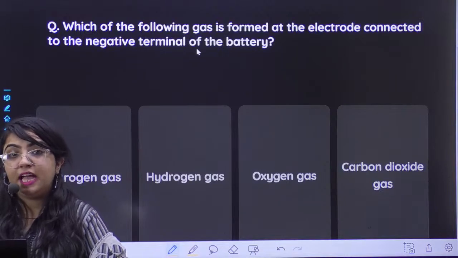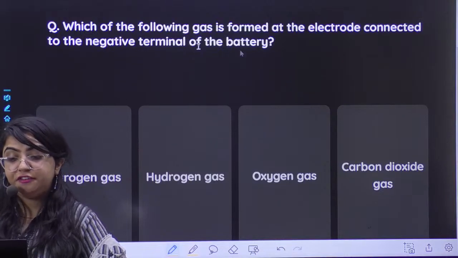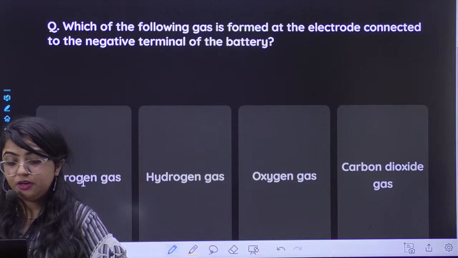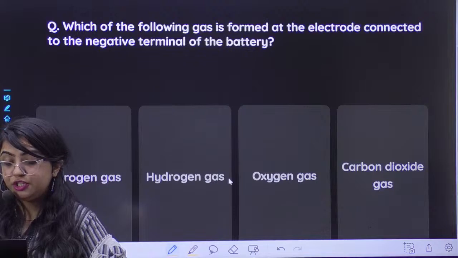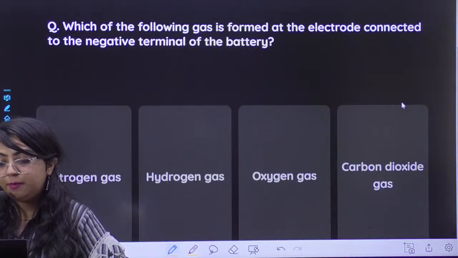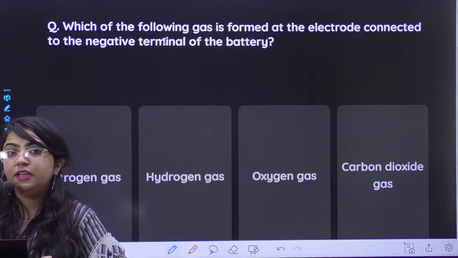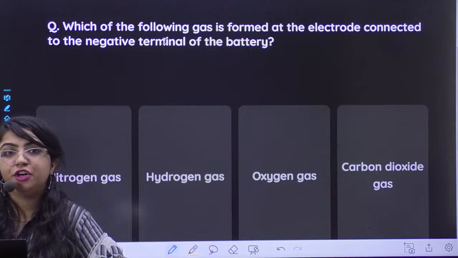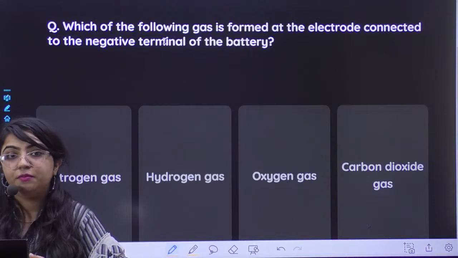Please find out the gas which will be evolved at the negative terminal. Option A, nitrogen. Option B, hydrogen. Option C, oxygen. And option D, carbon dioxide. Please find out the gas which will be evolved at the negative electrode.